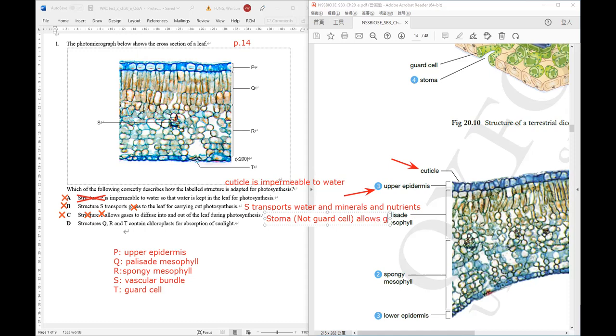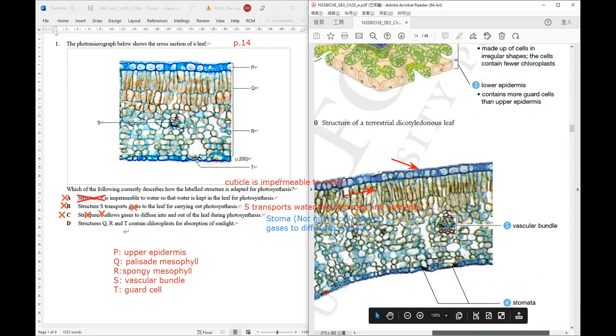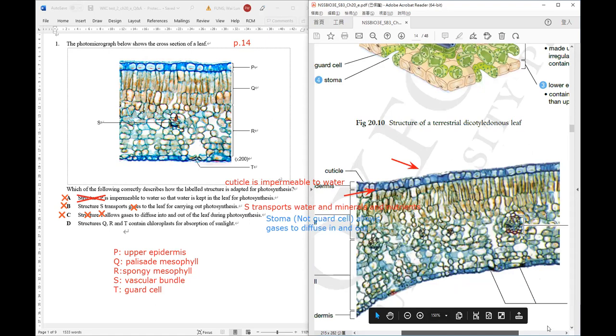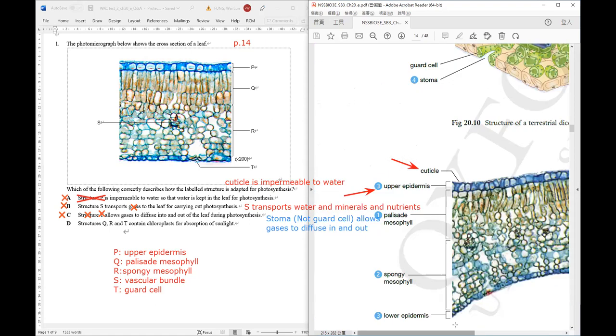Allows gases to diffuse in and out. Okay. So pay attention. Don't mix up stomata and guard cell. Structure T is pointing to the guard cell.